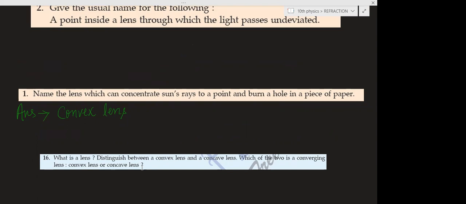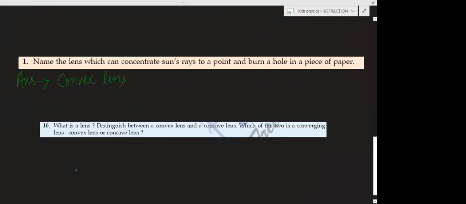And difference between the convex lens and the concave lens is that convex lens converges the parallel rays, and concave lens diverges the parallel rays. And which of the two is converging lens? So convex lens is the converging lens. So this you can do by the notes.